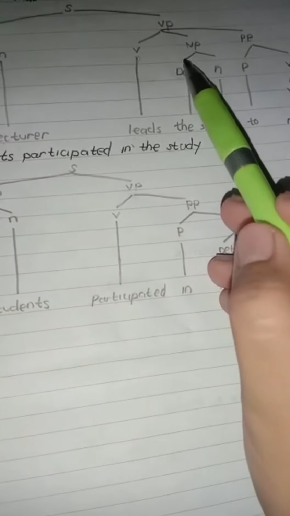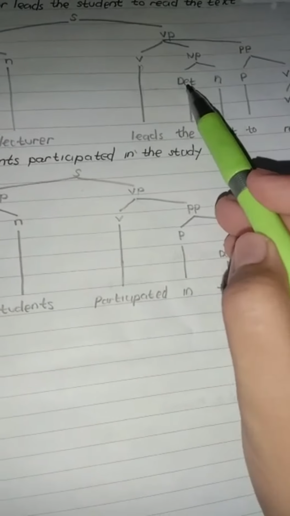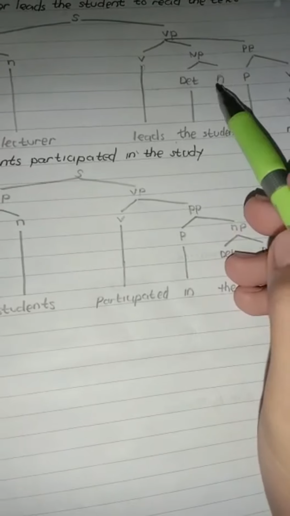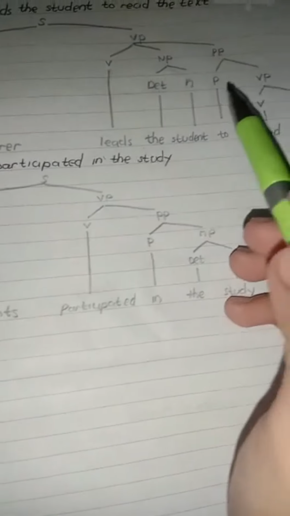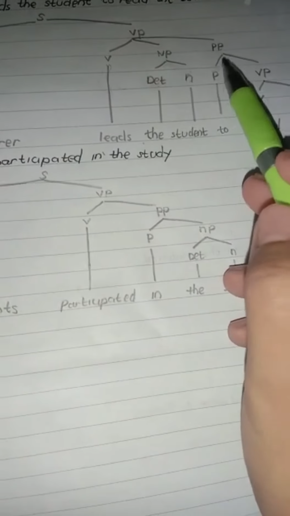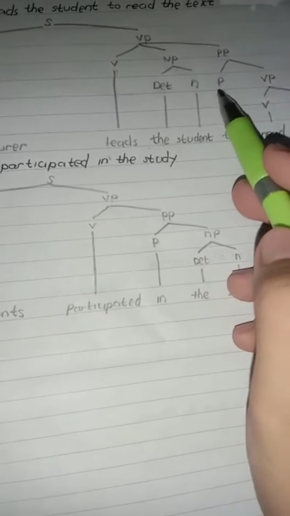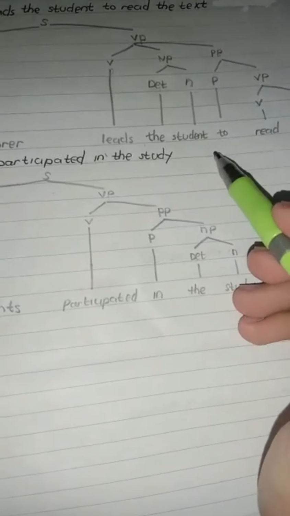Noun phrase consists of determiner and also noun. The determiner is the, while the noun is student. While the preposition phrase is divided into two parts. The first is preposition, which is to.